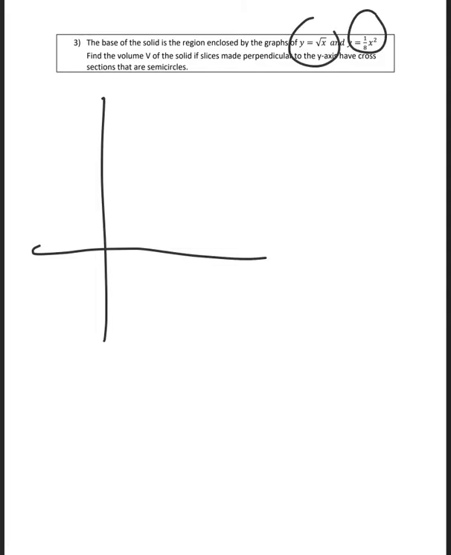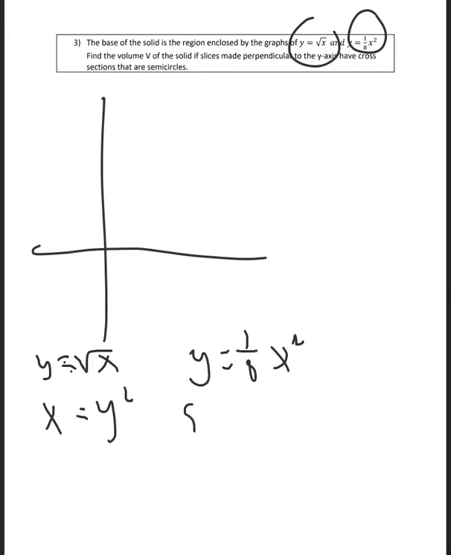The first problem that we just did, I converted it to y's first, but I would say graph it first, only because you can graph it with this. And I personally think it's easier to graph when you have things in terms of x's. Even if you convert this to y, so let's convert it to y's. This becomes x equal to y squared. And this one over here, y is equal to 1/8 x squared, this becomes 8y equals x squared, and then your x becomes the square root of 8y.